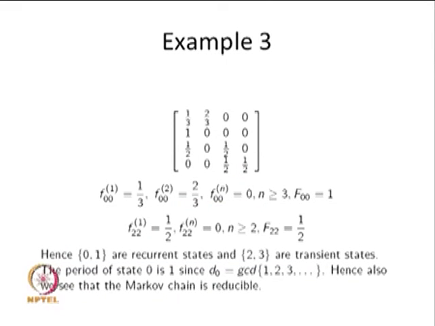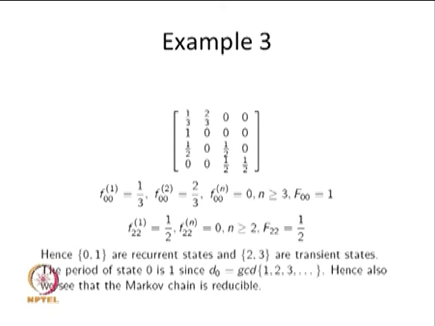Either it can come back in one step, or in 2 steps, or it can make one loop here, then one loop there, so it can come back in 3 steps, 4 steps and so on. It need not be the first visit. Therefore, the GCD of 1 step, 2 steps, 3 steps and so on is going to be 1. That means it is an aperiodic state.